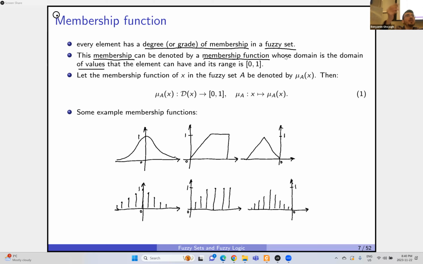Assume x is one-dimensional. x can be a vector or a matrix, but for simplicity, assume it's a one-dimensional scale. Then it's a map from the domain of x, denoted by D of x, to 0 and 1. In other words, it maps x to mu A of x. Mu means membership function, and subscript A means for the fuzzy set A. x is the element. So far clear? Okay.